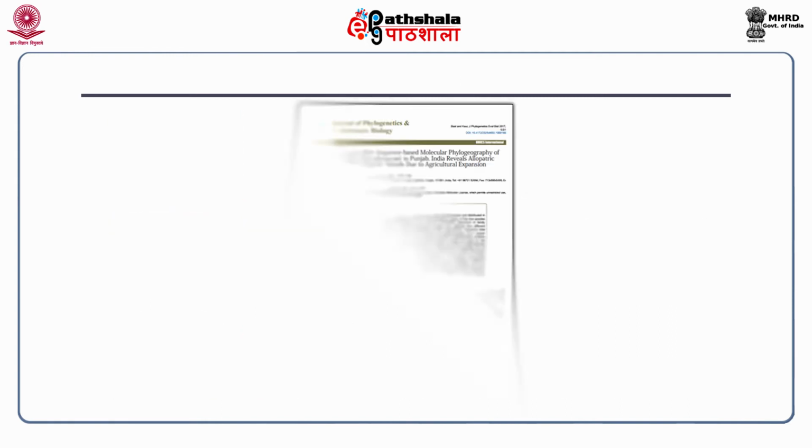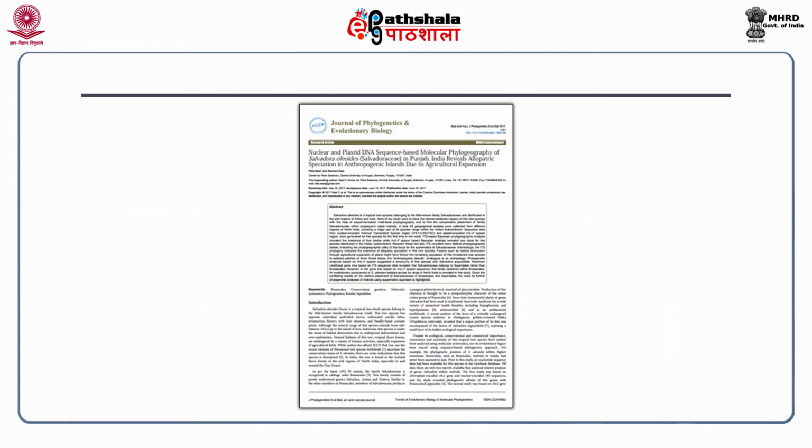As you can see in my paper here, this is one of our recent papers. It is called Nucleoplastid DNA sequence based molecular phylogeny of Salvadora oleoides, one tree of the Salvadora in Punjab, India, reveals allopatric speciation in anthropogenic islands. What we did is we collected different members of that same species, that one tree, all around Punjab, sequenced it and constructed the tree.